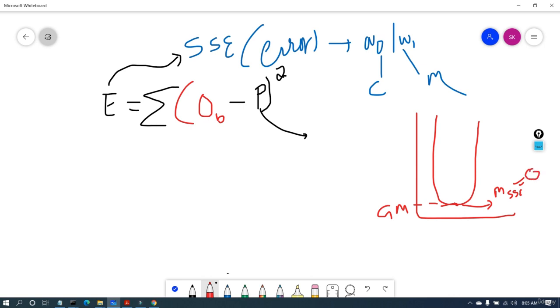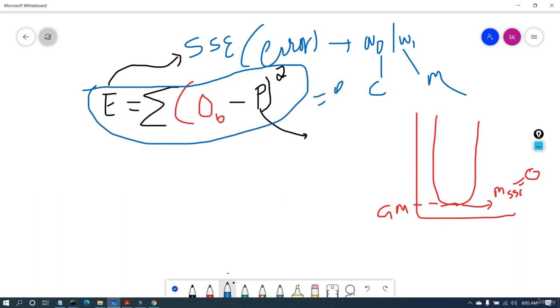So if we find the slope of this equation and make it 0, then we are going to find this global minimum point, which is our main goal. Now how do we find the slope of this curve, or the slope of this equation, which is right here?